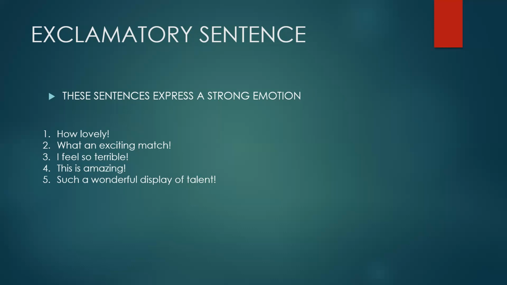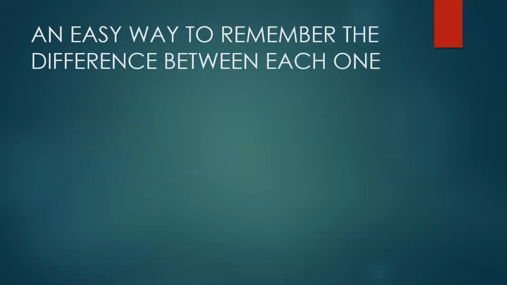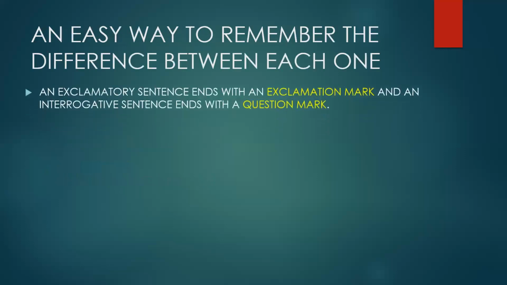Got it? Well, I hope you have understood the four main types of sentences. Let's go through them one more time with an easy way to remember the difference between each one. First of all, the most important thing is to look at the end of the sentence and see whether it has an exclamation mark or a question mark.